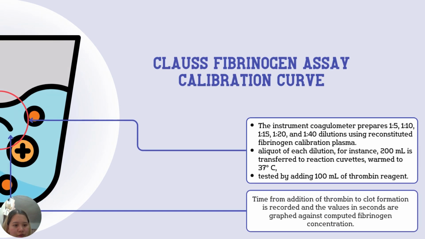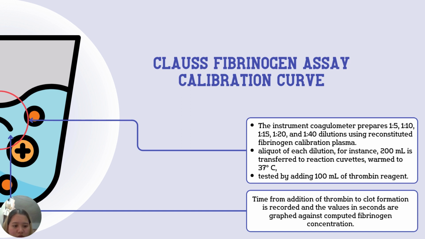So, Clauss fibrinogen assay calibration curve. The instrument coagulometer prepares 1:5, 1:10, 1:15, 1:20, and 1:40 dilutions using reconstituted fibrinogen calibration plasma.